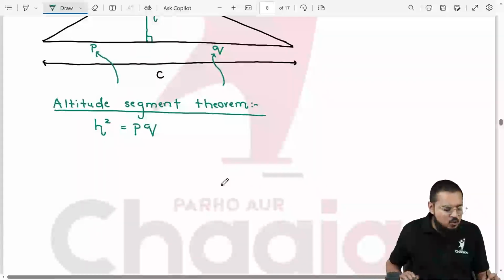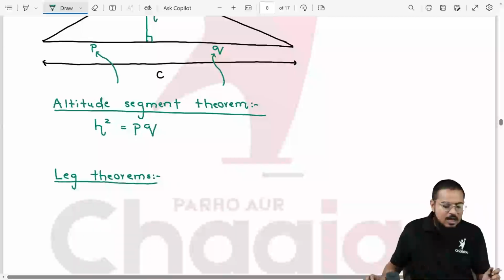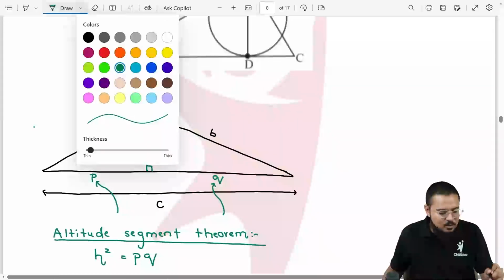And then there are leg theorems as well. So what are leg theorems? There are two specific leg theorems. Let's just discuss them. We know that one of the legs of this right triangle is a. So what is the leg theorem?